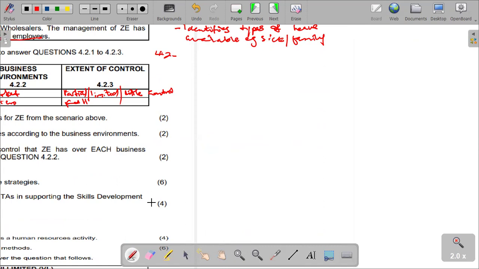The types of defensive strategies we have got: A, we can talk about retrenchment.